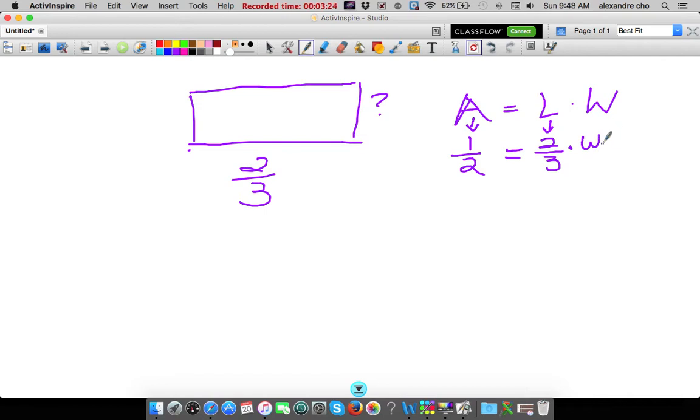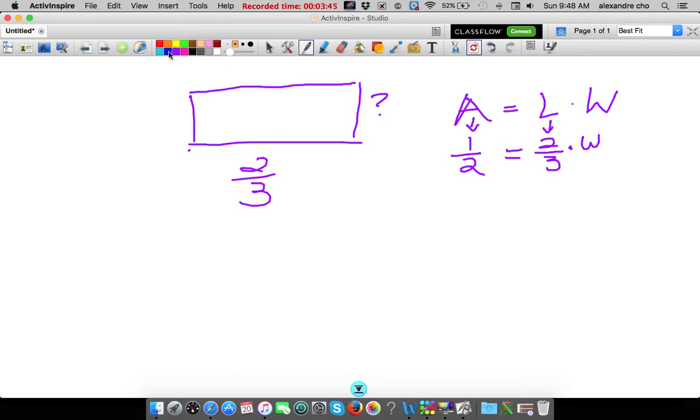So this becomes a one-step equation. Now there are two things you can do. You can solve it right away, or you can move the 2/3 W to the left side and the half to the right side, whatever you choose. I won't move it just because you should know how to do it both ways.